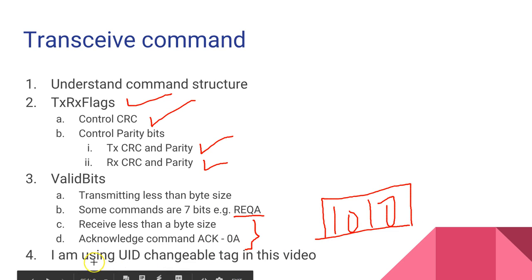Okay, I'll be using a UID changeable tag in this video, and this video is not about showing how to use a UID changeable tag. It's just that I found that with this tag you can send some low level commands. If you want to know more about the UID changeable tag, you can see my other videos on my channel.